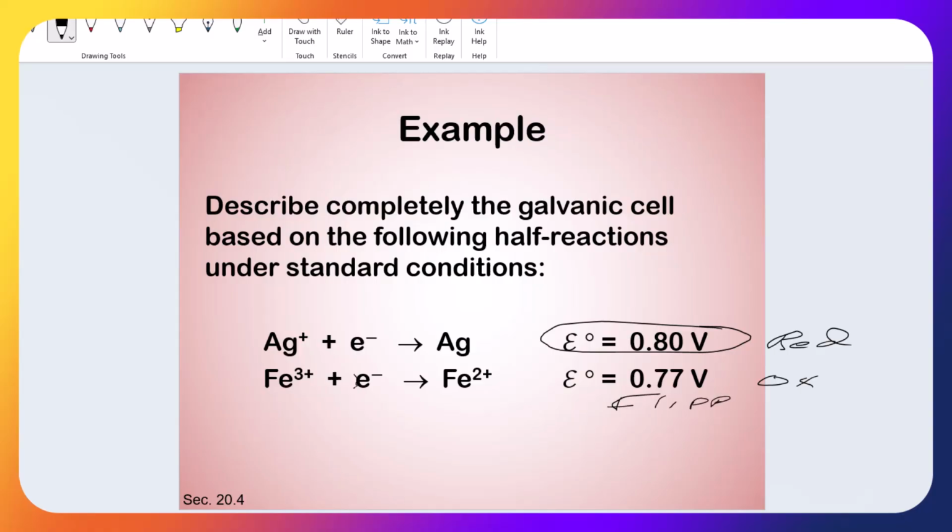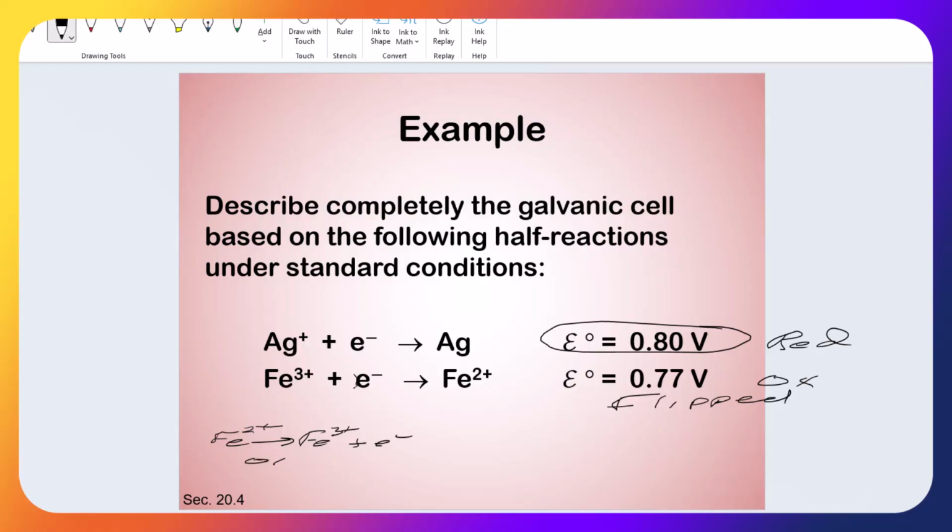Okay, so if I were to write this entire reaction, over here would be the oxidation, so that would be Fe2+ giving up an electron to become Fe3+ plus 1 electron.